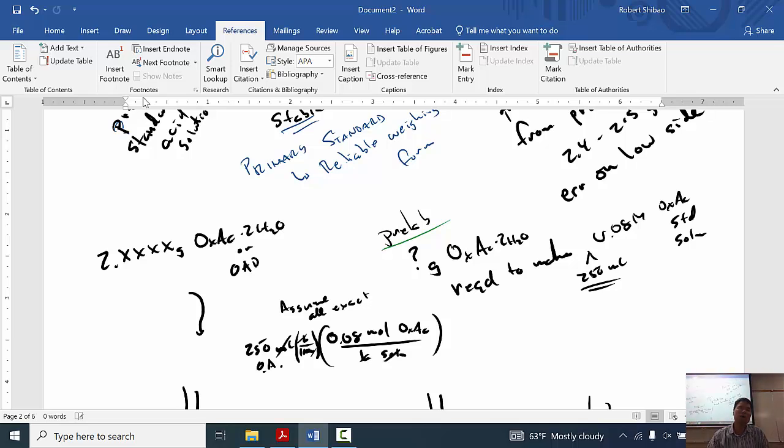But do I have pure oxalic acid or do I have oxalic acid dihydrate? I have dihydrate. And so what I have to realize is that for every oxalic acid molecule, for every 1 mole of oxalic acid molecules, which is H2C2O4, I need 1 mole of oxalic acid dihydrate, H2C2O4·2H2O.